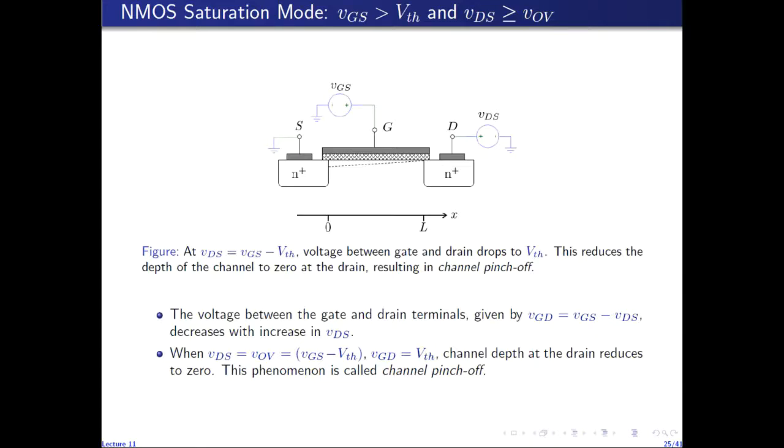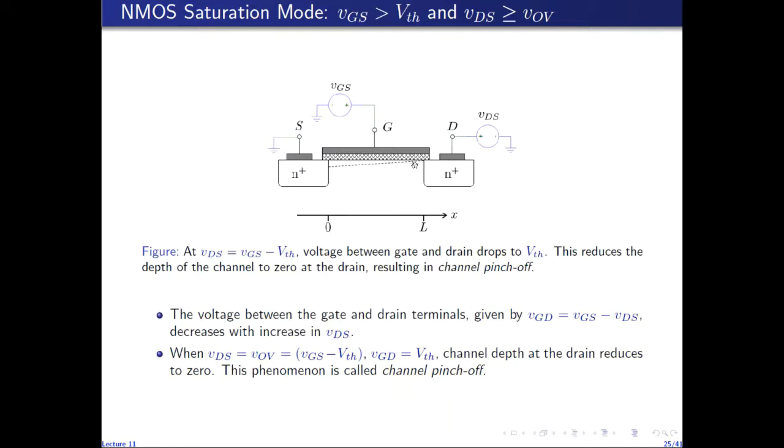However, please note that this does not mean that the drain current is blocked. The electrons drifting from the source side still conduct current through the channel, and as they reach the drain side of the channel, they are swept across the depletion region by the electric field in the depletion region around the drain region.